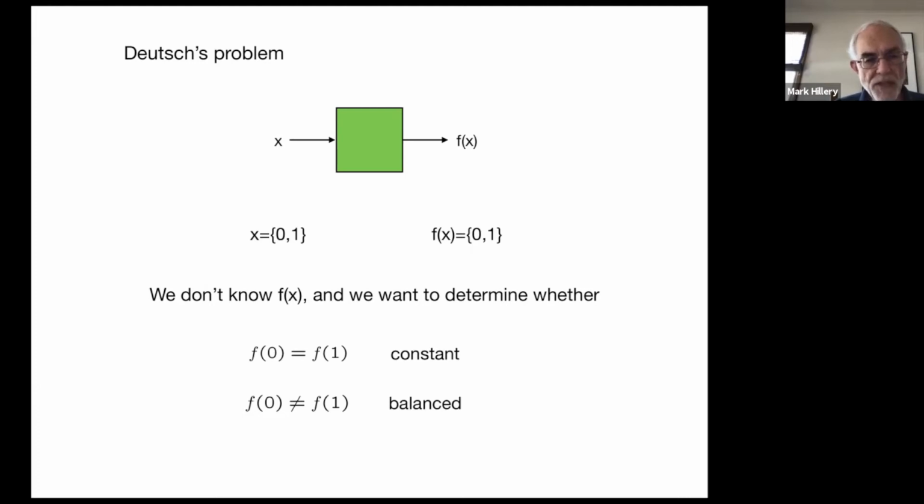One possibility is that it's constant. In other words, f of 0 equals f of 1. The other possibility is that it's so-called balanced, that f of 0 does not equal f of 1. Okay. So the question is, how many times do I have to use the black box in order to figure that out?